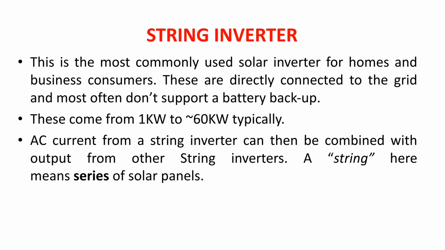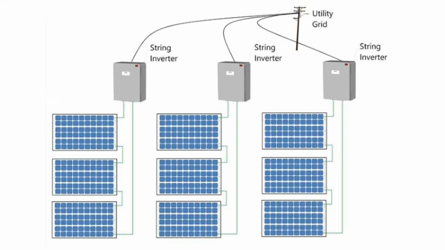This is called a string of panels and this string is connected to the MPPT of the string inverter and AC output is taken out from this string inverter. And friends, if our solar power plant is larger than 60 kilowatt, then we need to combine more string inverters, and the output is taken out from them as a whole and connected to the grid.